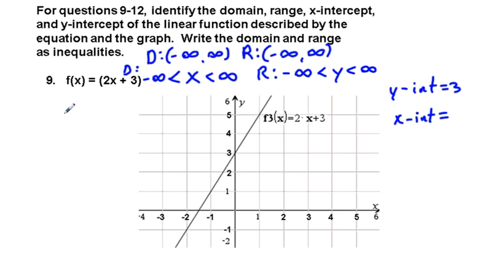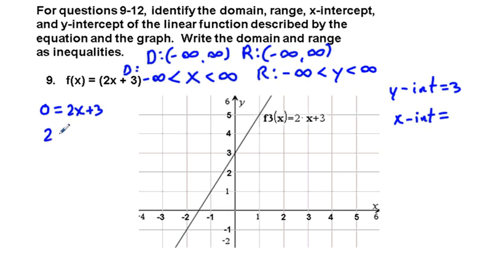Well, our x-intercept is going to be the value of x when y equals 0. So if we take this f of x and set f of x equals 0, we say 0 is equal to 2x plus 3.